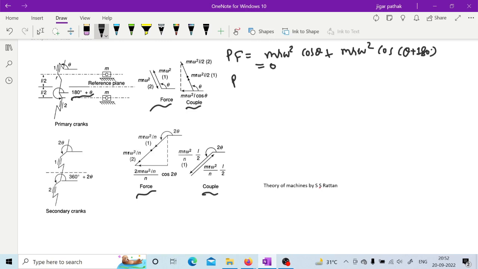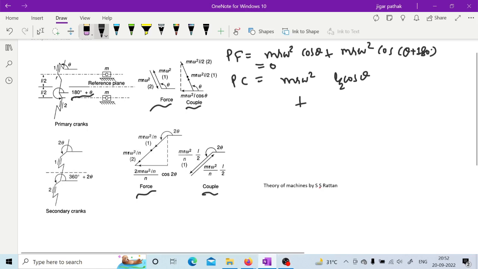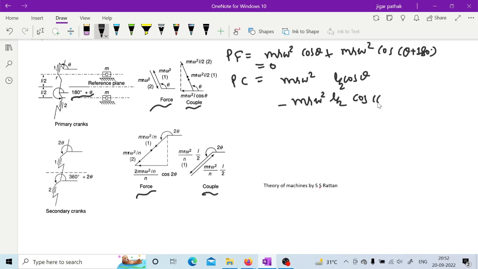For the primary couple, it is MR omega square L by 2 cos theta, and again minus MR omega square L by 2 cos theta plus 180. Why minus? Because for couples you take a reference plane, so the two couples have different directions, and one is subtracted from the other.